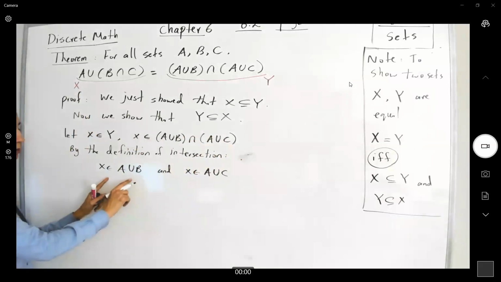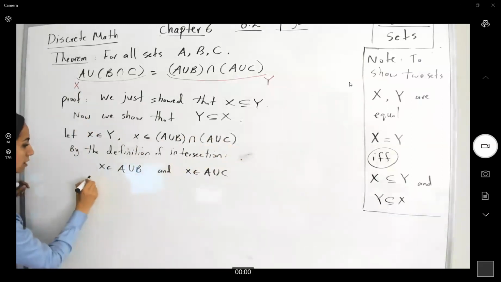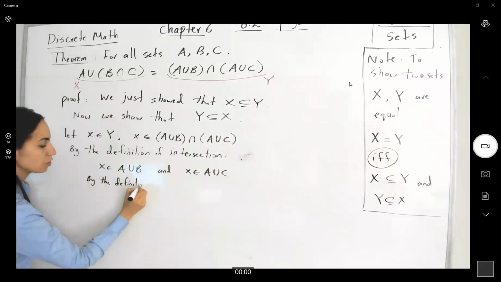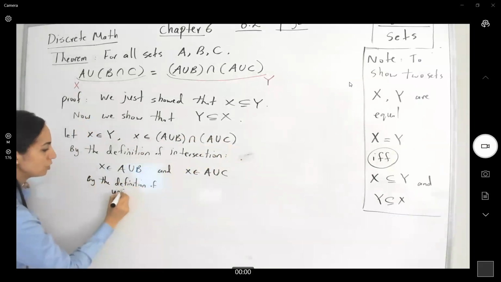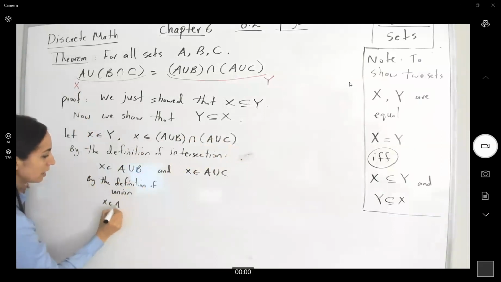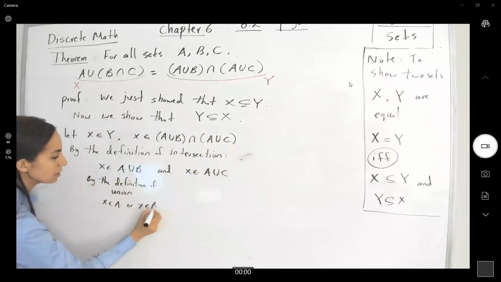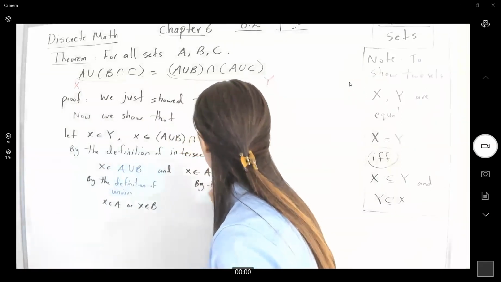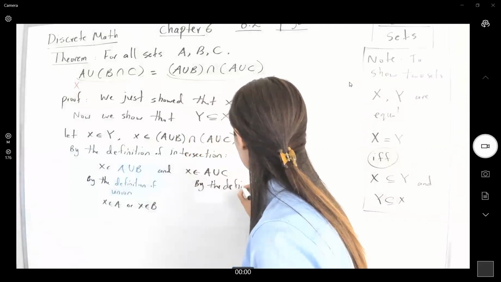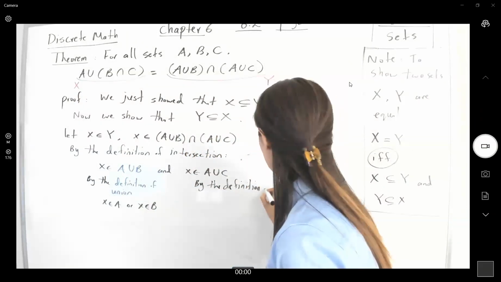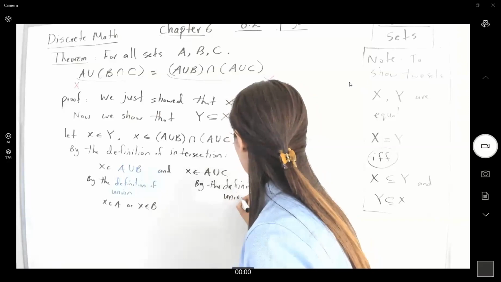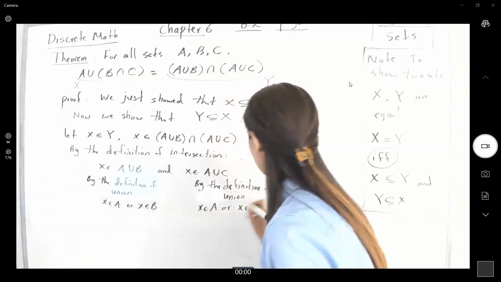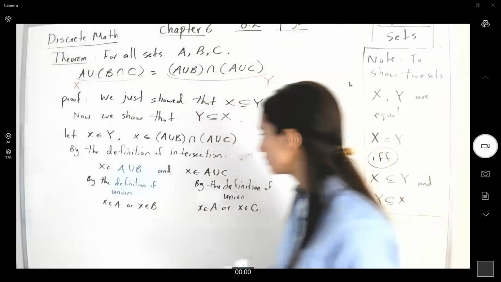Okay, so what's the meaning of this? By the definition of union, x is in A or x is in B. By the definition of union, x is in A or x is in C. Well, what do we have here?